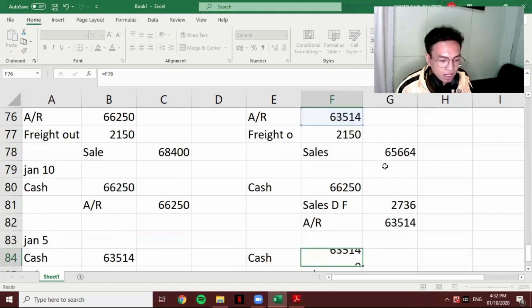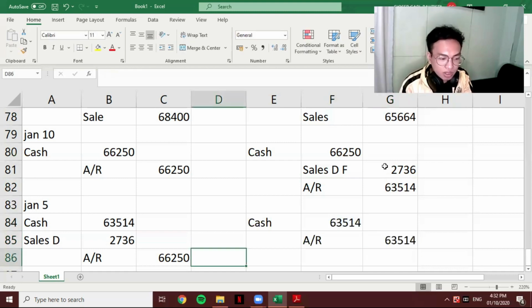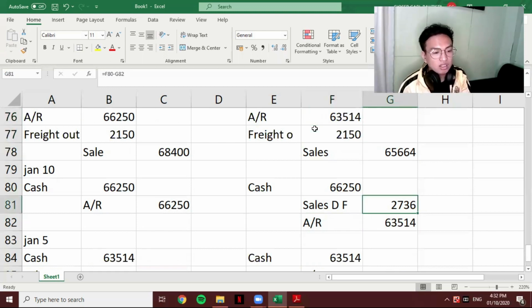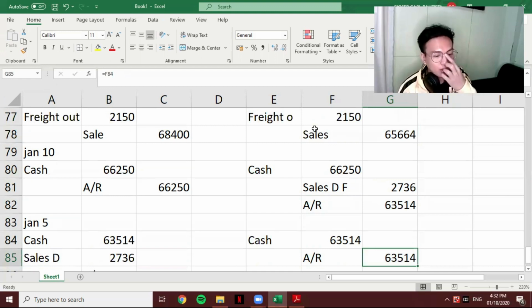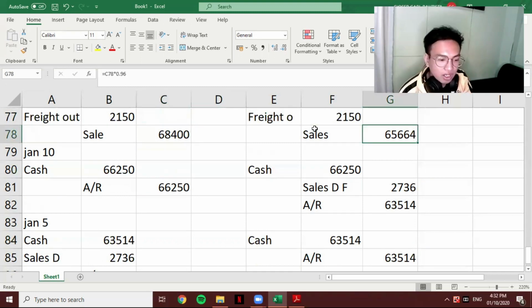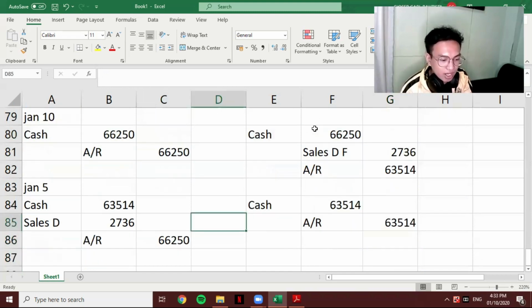Ganun lang kasimple po. Walang discount ulit na ni-recognize because initially nabawas mo na siya dito, 63,514. Nabawas mo na agad yung sales discount. Instead of 68,400, 65,664 lang yung sales mo initially. Therefore, same, your cash collected from your customer ay parehas.